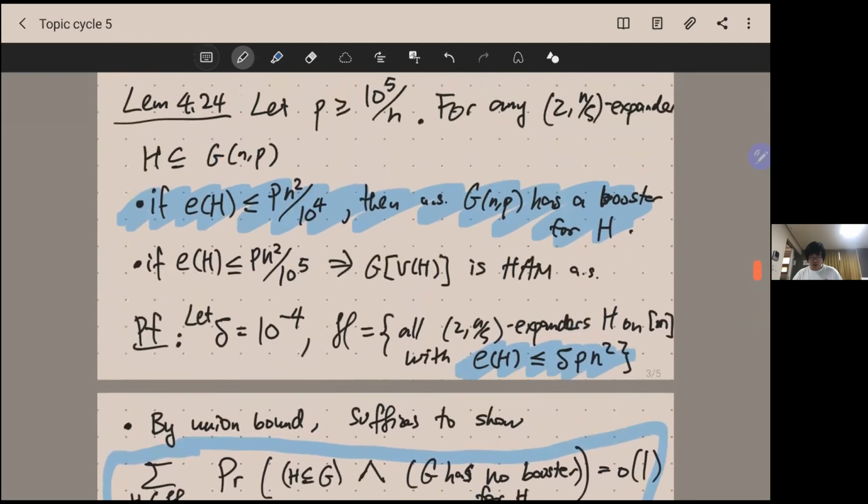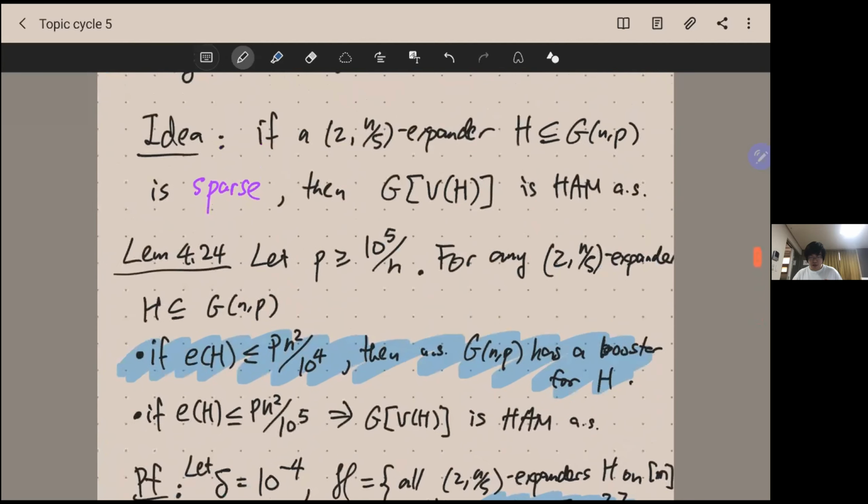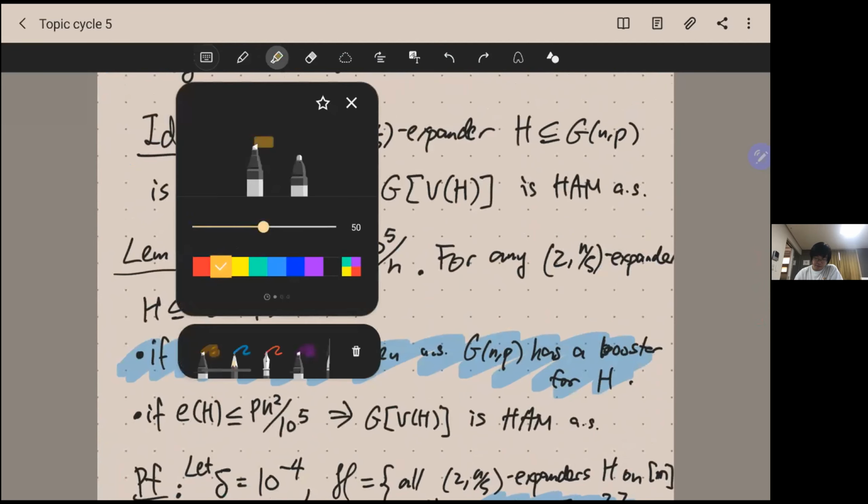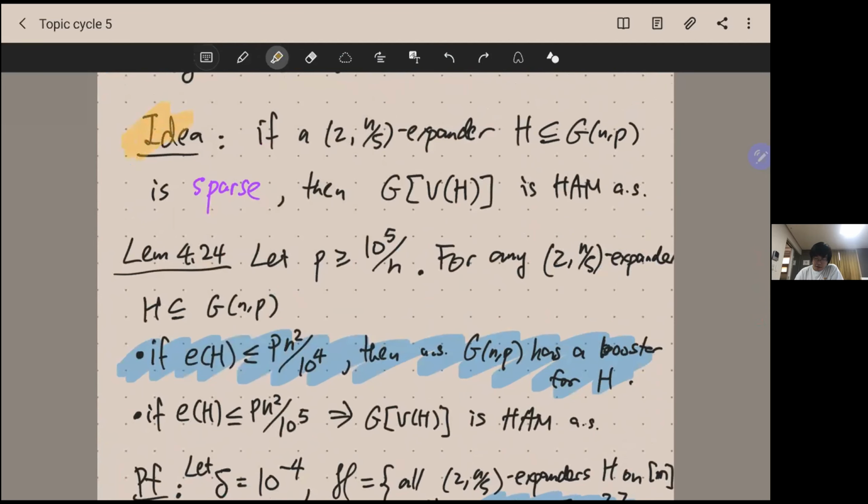But all in all, the idea is, again, this one sentence up here: if we have an n over 5 expander, and if it's sparse, then the random graph on top of that is Hamiltonian almost surely. That's the idea. This saves us from doing the sprinkling.